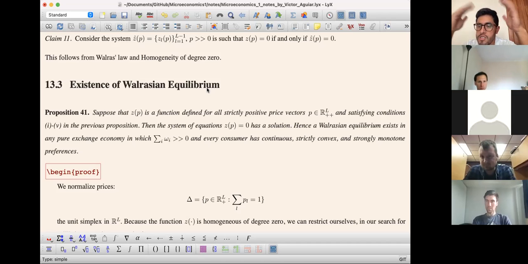This kind of mapping will have a fixed point whenever you find a particular point in the domain, let's call it x star, such that if I evaluate F at x star, it is equal to x star, right? That's why it's a fixed point. It's the same in the domain as in the image.